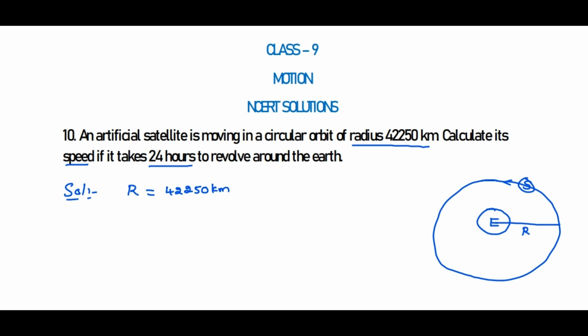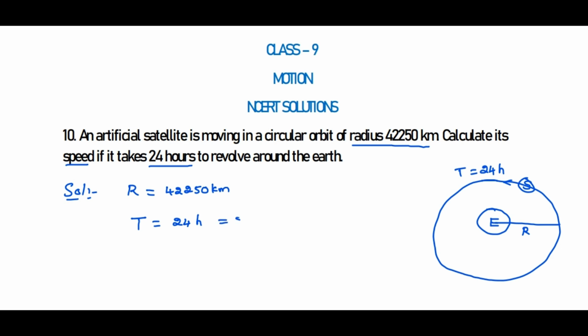And how much time is it taking? It is taking the time, that is called the time period, 24 hours. To travel this circumference, it is taking 24 hours. That means we need to calculate the speed. So the time period is 24 hours.